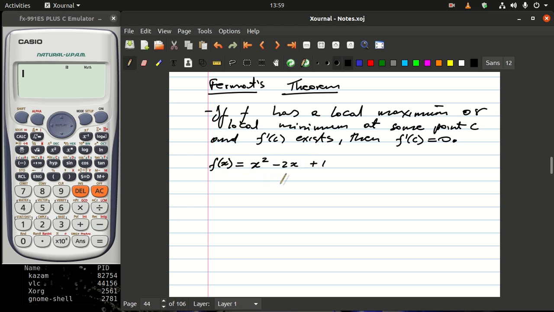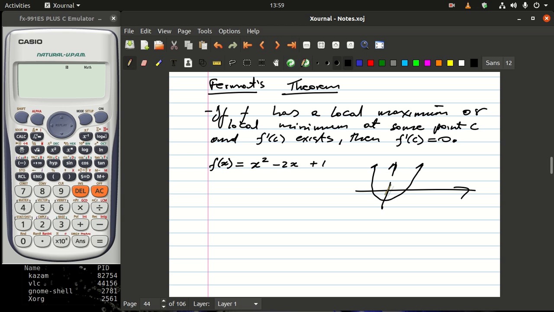If I were to draw this function, because the x squared coefficient is positive, it will look like something that is concave up. And also, of course, we have a plus 1. So this function will look something like this.